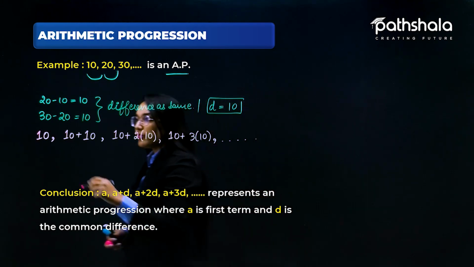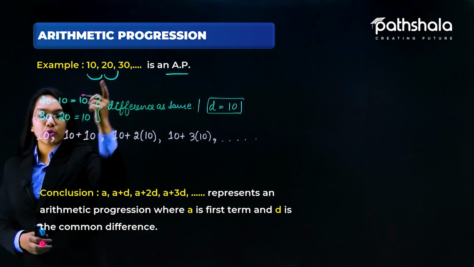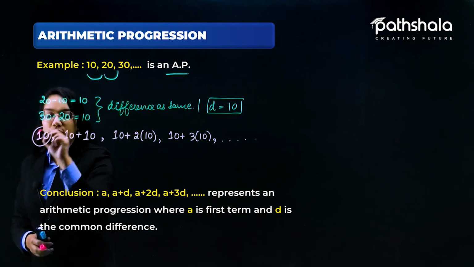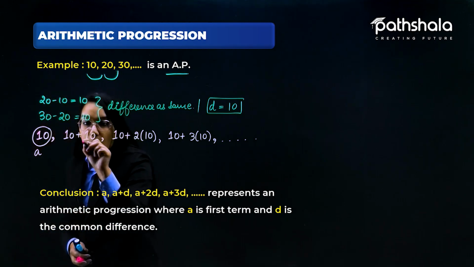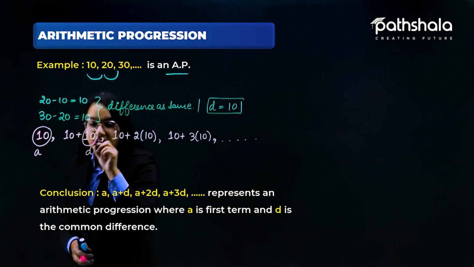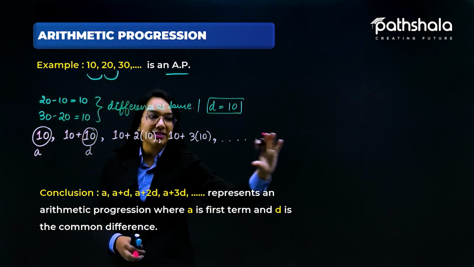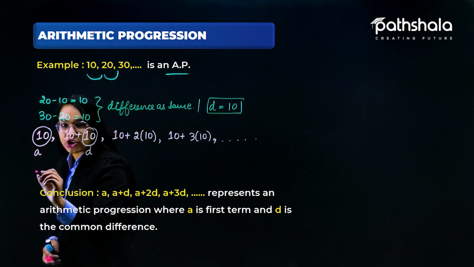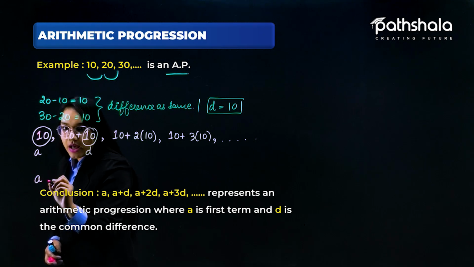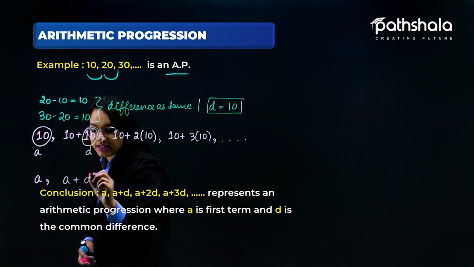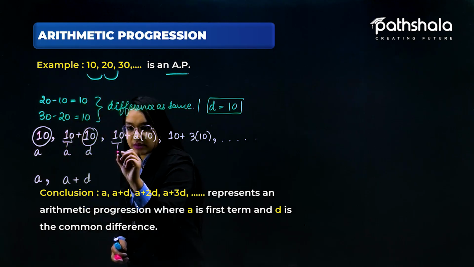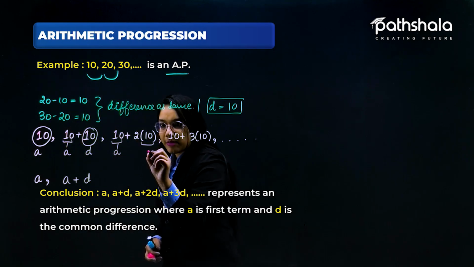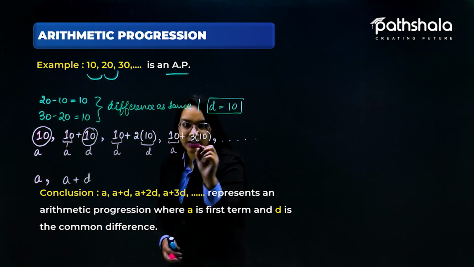In this arithmetic progression, this is my very first term, which represents a, and this is my common difference, which represents d. We can write it as a, then a plus d, where again this is my a and this is my d.